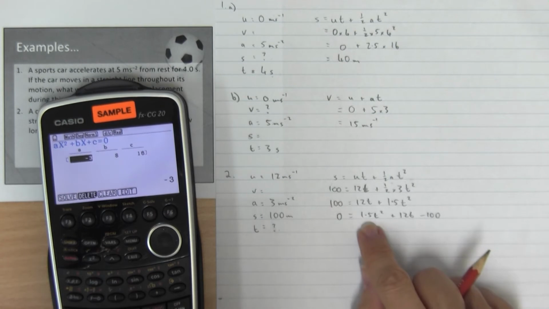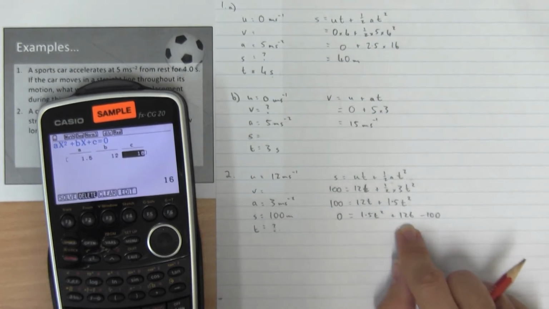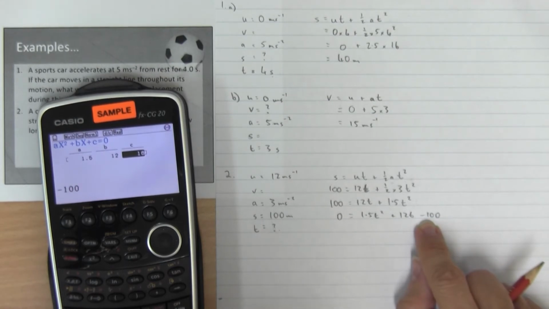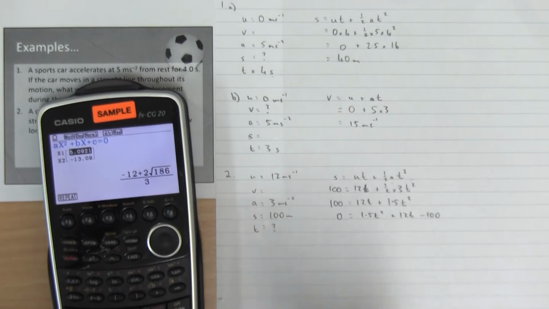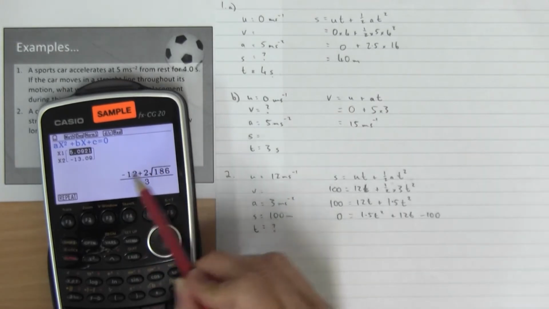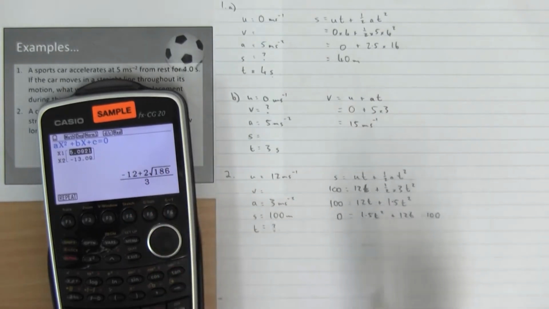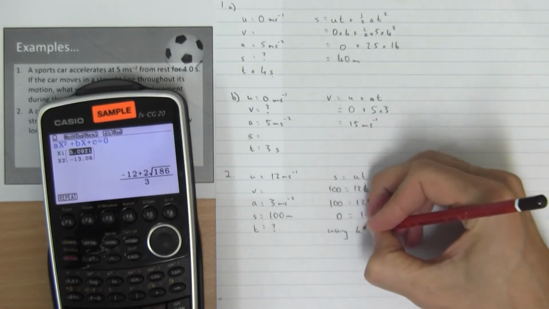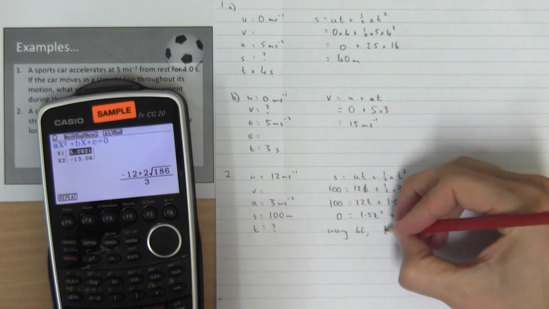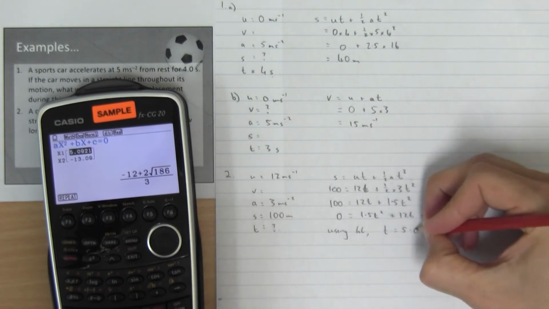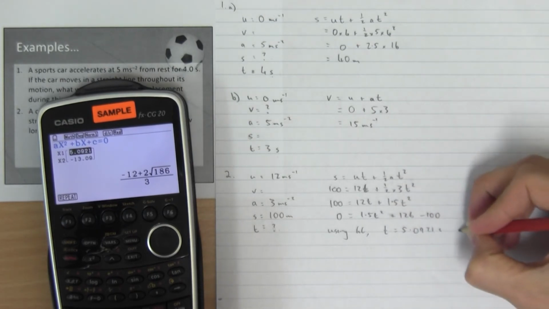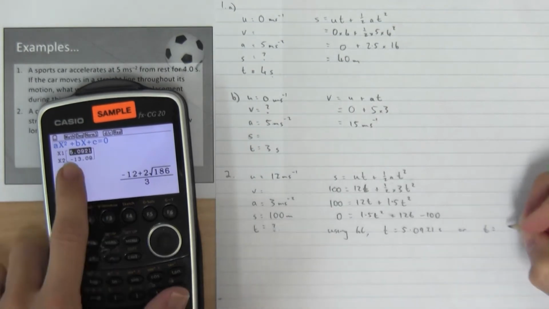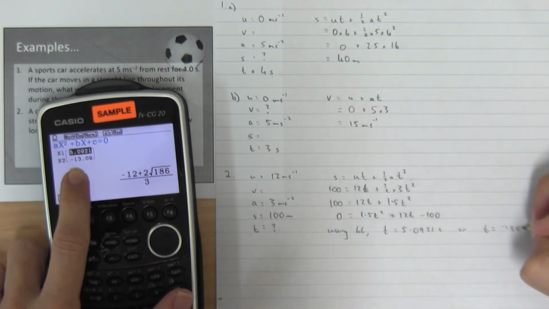A is 1.5, B is 12, and C is negative 100. Solve. And there are two solutions. There's a lovely surd in my solution, but for physics I don't really care. Using the calculator, T is going to be 5.0921 seconds or negative 13.09 seconds.